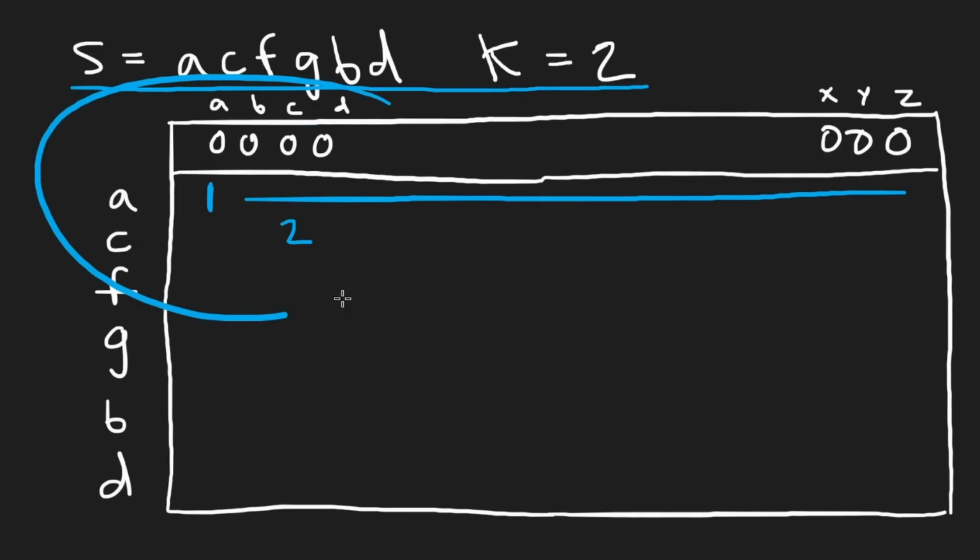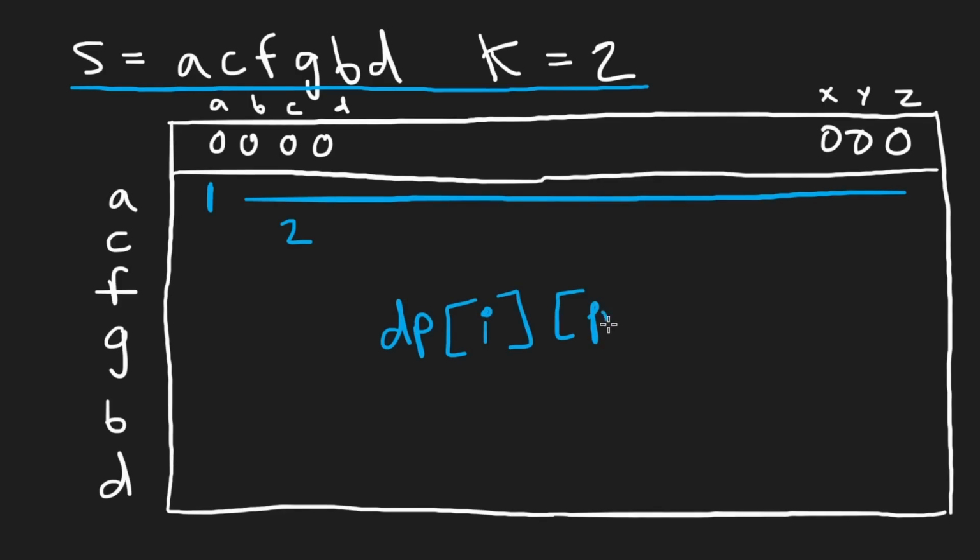So what this grid represents, we can finally talk about it. Let's say DP of I and previous represents the longest string ending at this index, not necessarily including that index, where the character before that we actually included was this character.